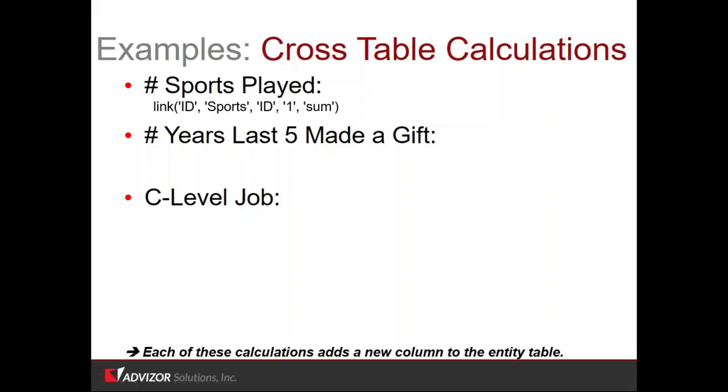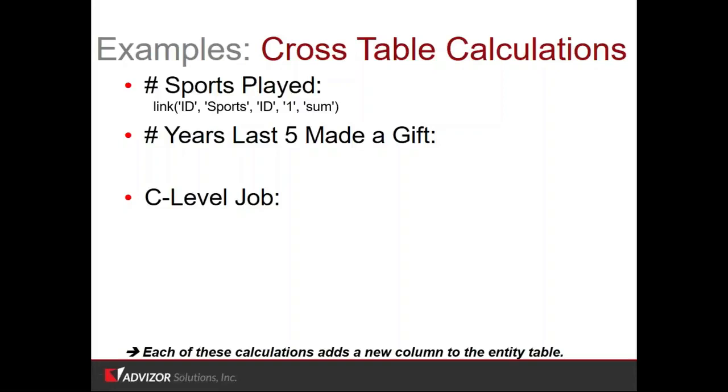So what this is going to do is, presumably some people are in the sports table multiple times, and some people aren't in the sports table at all. It's going to sum how many sports participations they've had and put a new column in the entity table called numbers of sports played. And this is done in an app outside of the database.